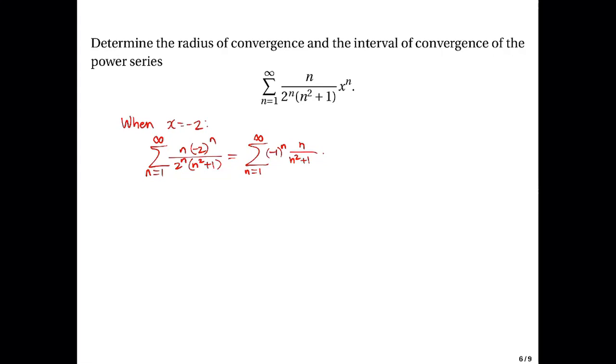So let f of x be equal to x over x squared plus 1 for x in the interval 1 up to plus infinity. So f of x is greater than 0 for x greater than or equal to 1. So we have positivity.